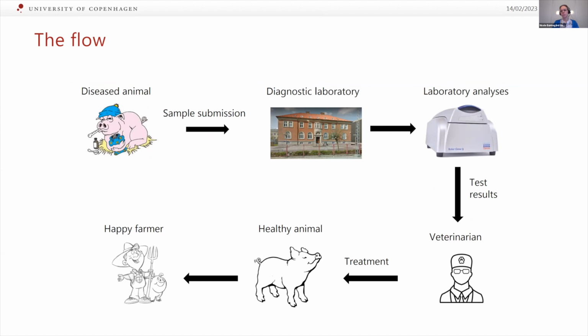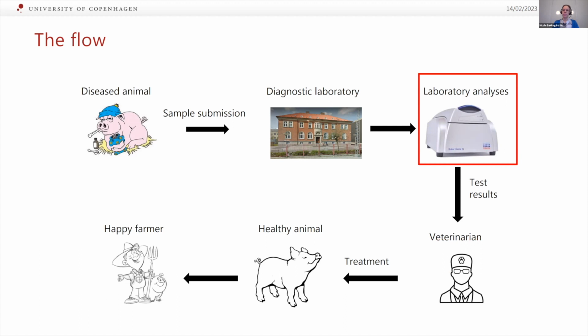Then the test result was sent to the veterinarian, who could then determine a specific treatment for the animals based on the laboratory findings, which then hopefully led to a healthy animal and a happy farmer.